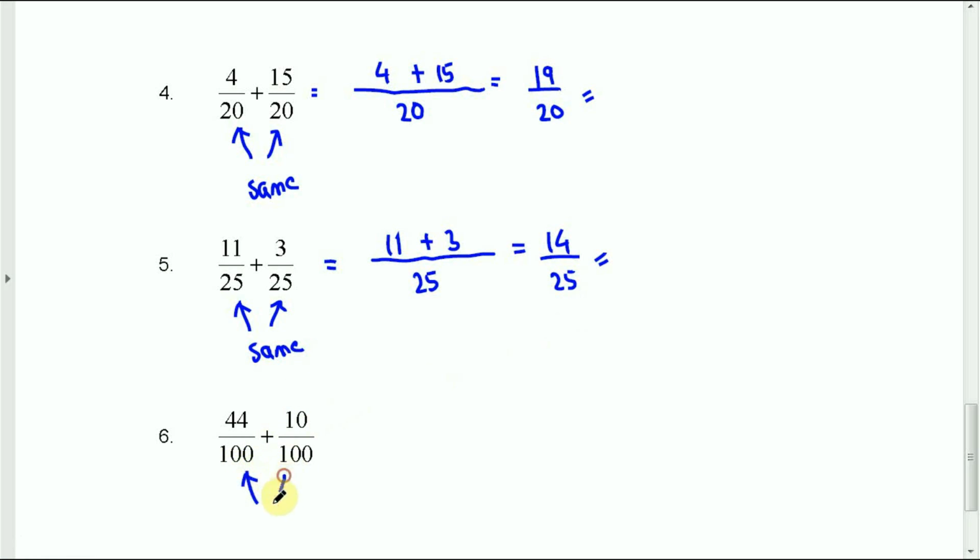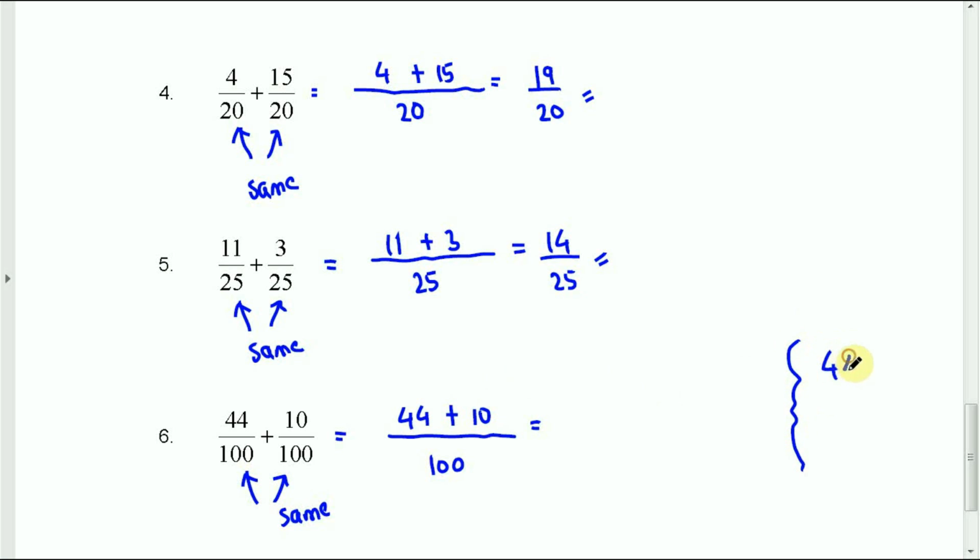Are the denominators the same? Yes, they are. Denominator of 100 for both. So ruler, nice long line. Copy down that 100. Add the numerators. 44 plus 10. And if you're struggling with the addition, you can put the addition as part of a side calculation.